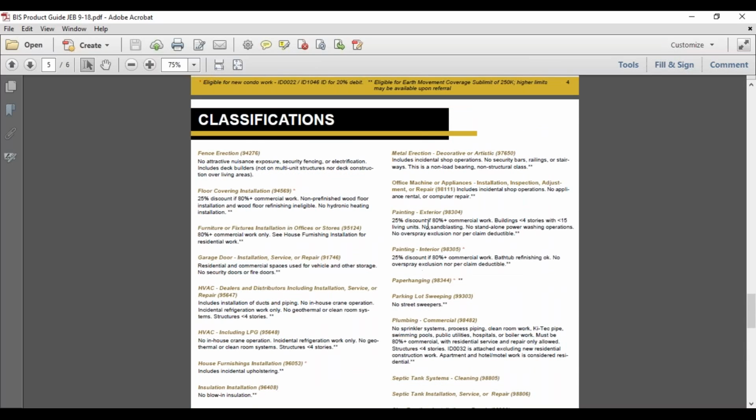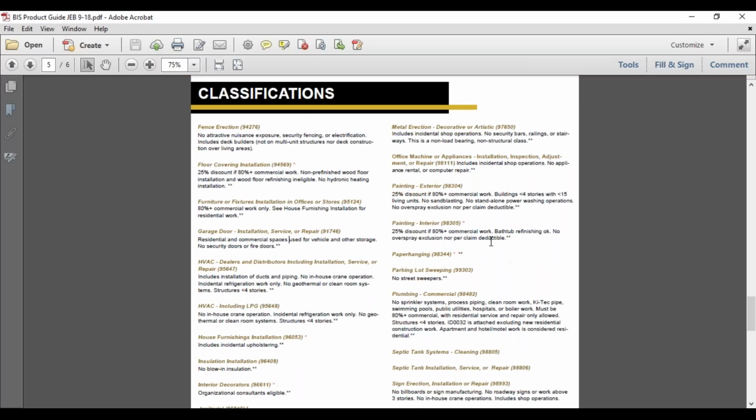The other ones that we see quite a bit of are the painting exterior and the painting interior. For the painting guys, we do not have an overspray exclusion, and the per claim deductible does not apply. It's an occurrence deductible. So that's a big hook for most of our insureds, because, you know, those two are pretty significant coverages that we offer.